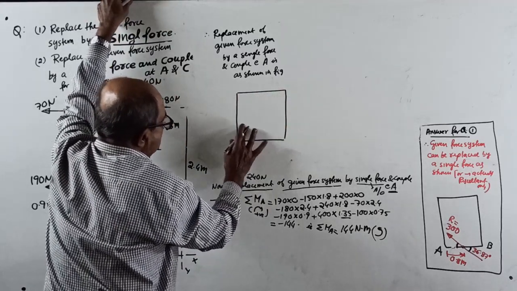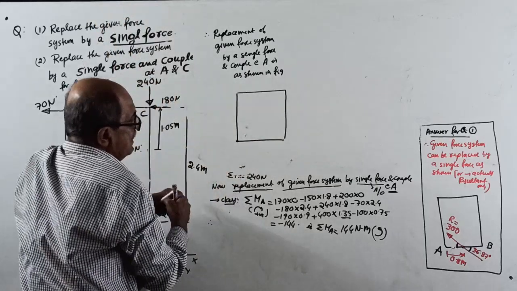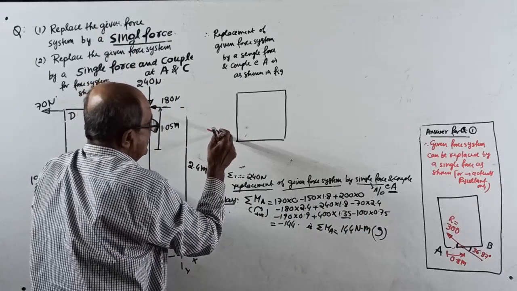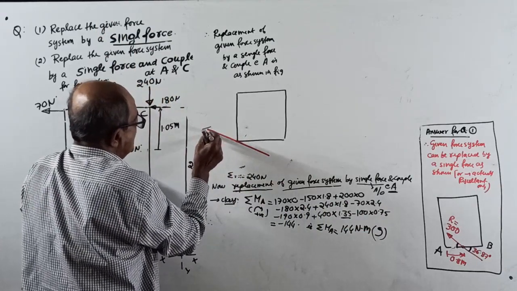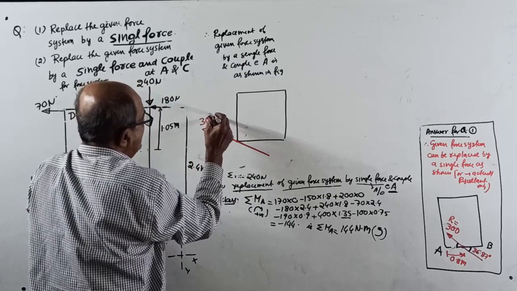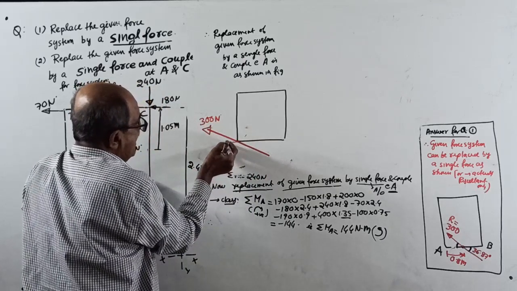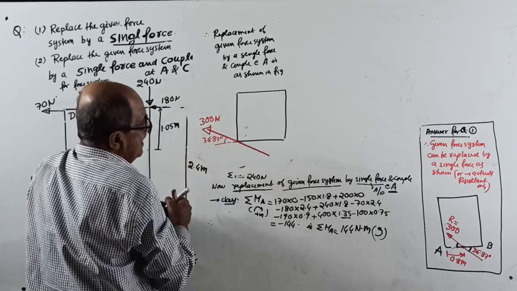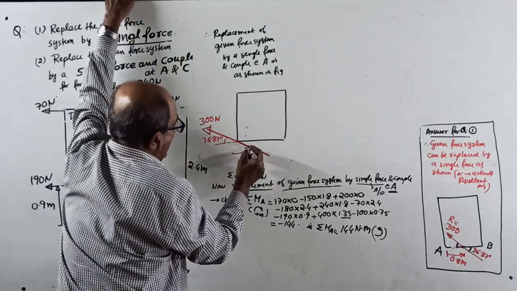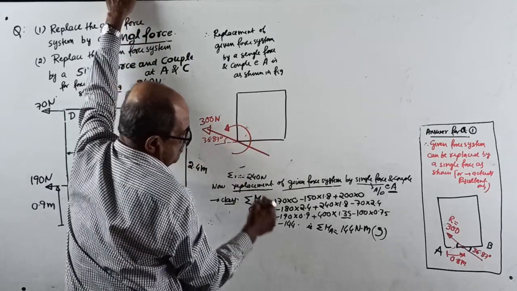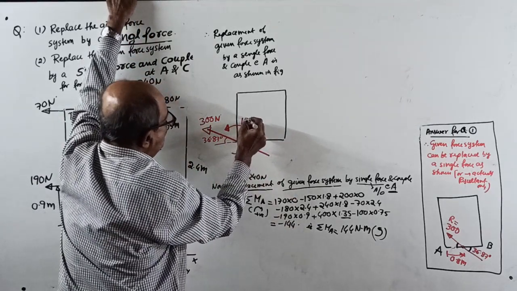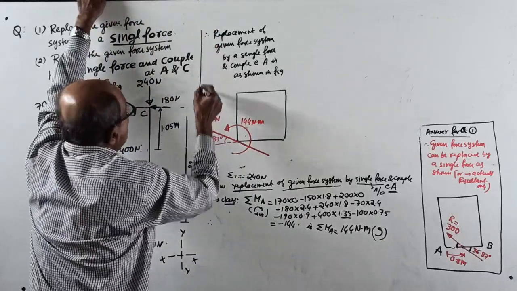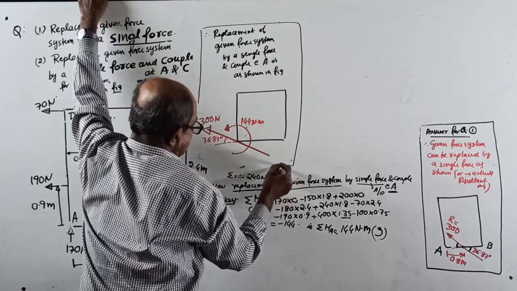Through the point A, 300 Newton is the single force at an angle of 36.87 degrees along with a couple of 144 Newton meter. That is the final answer for your second question, first part.